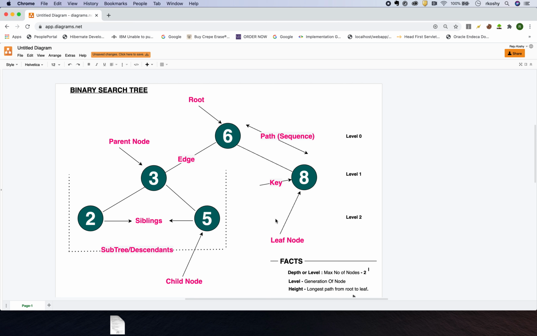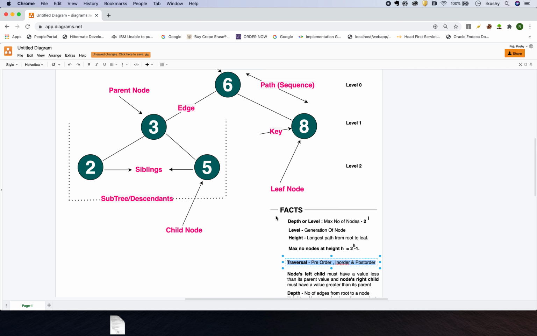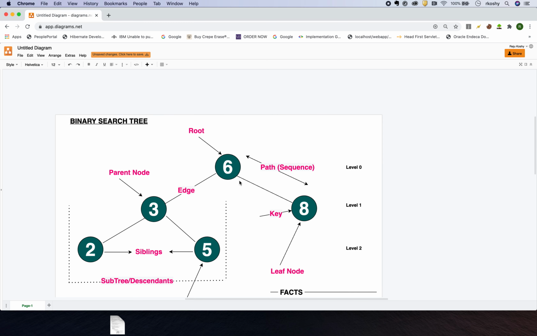It's all with respect to the root. That's the hint I can give you. So post-order means the root will be visited last: left, right, and then root. That is the post-order traversal. Okay, so you got it.